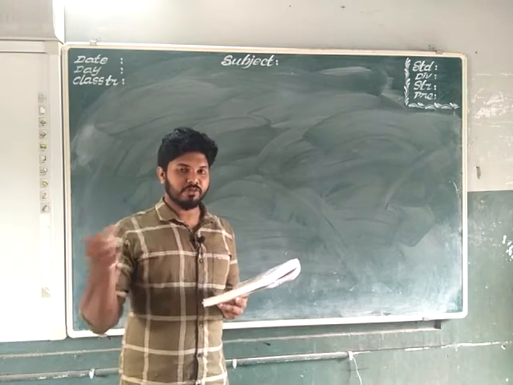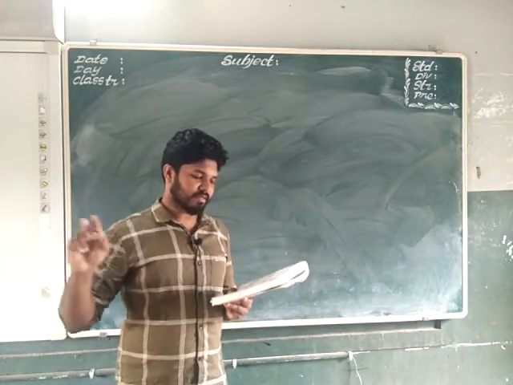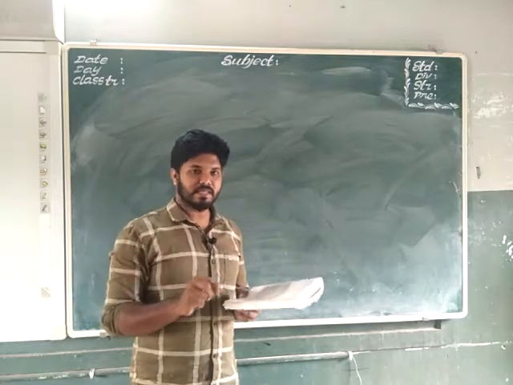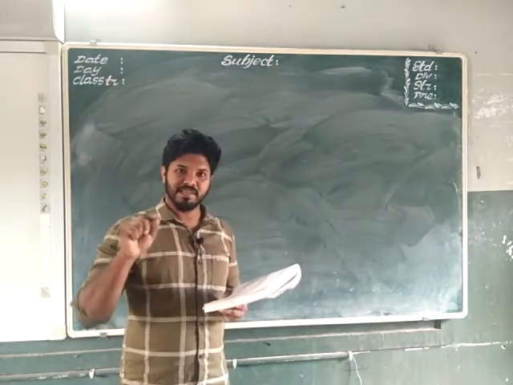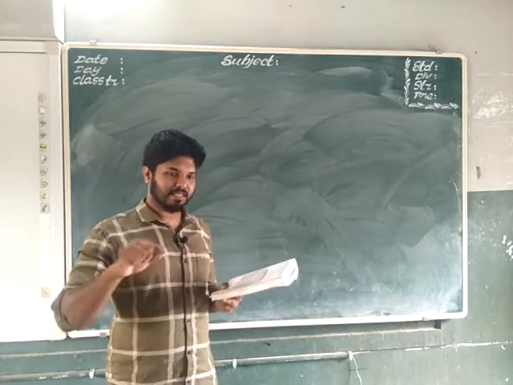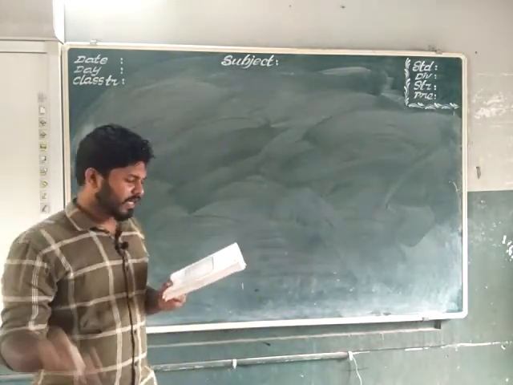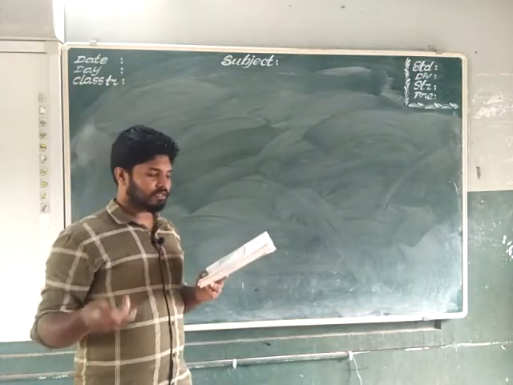If we convert it, 36 into 1000 divided by 3600 gives 10 meter per second. v minus u becomes 10, and t is equal to 10 seconds, so 10 by 10 is equal to 1 meter per second square. We already did this, so we are not going into that question again.